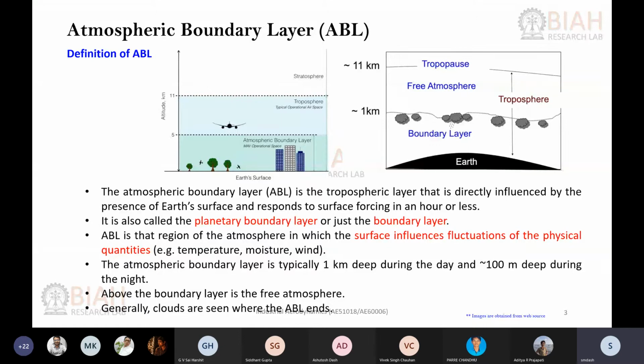Okay, so as I have already defined, the boundary layer is developed because of the presence of the Earth surface, which resists the motion of the wind. That resistance comes from different roughness elements. For example, you can have trees or forest.